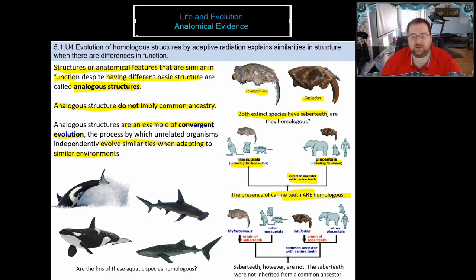If you look at this branch, the origin of saber teeth happened after marsupials split from placentals. So we can see the marsupial line and the placental line, they diverged. They went in very different directions, adapting in their environments in different ways. Marsupials, their reproductive strategy is that, well, you know, they have the pouch, you give a live birth, and then they live in the pouch, right?